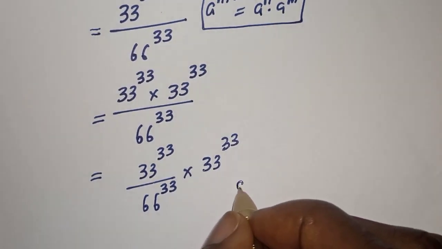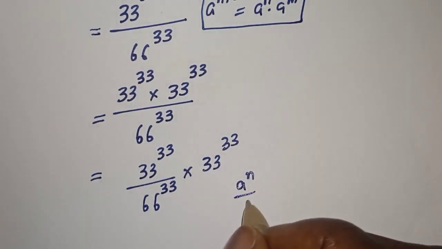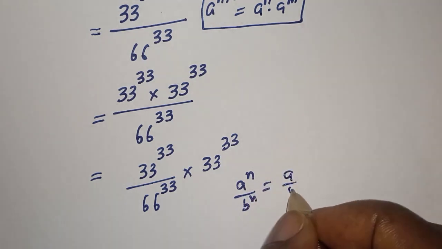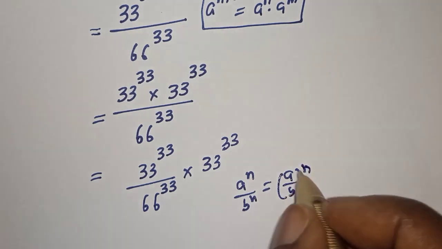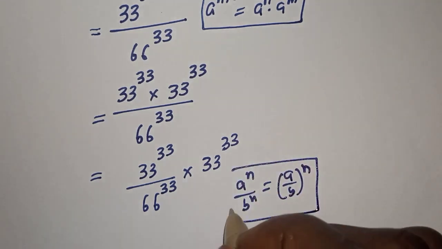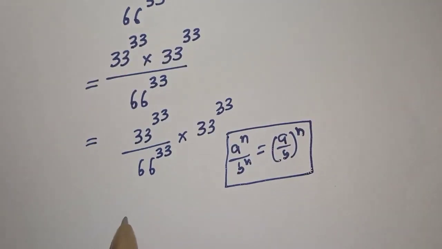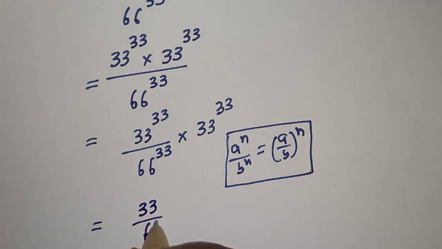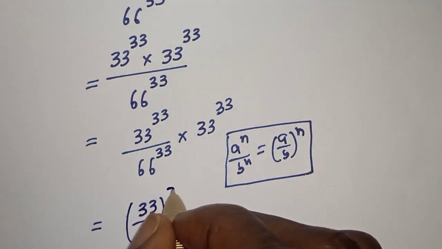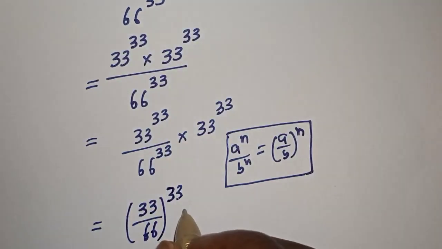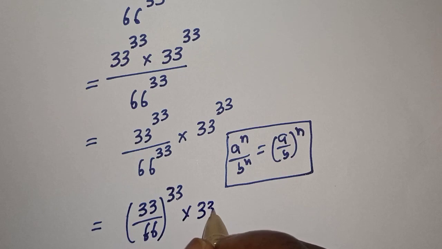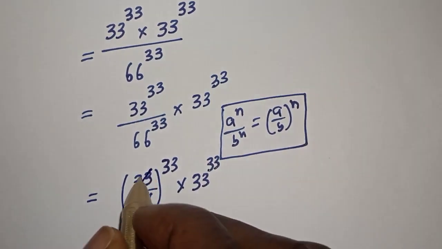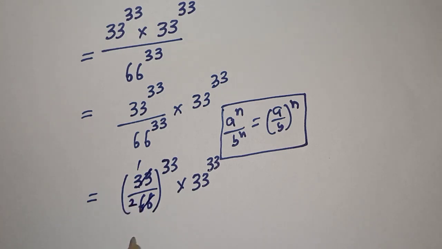If you have a raised to power n over b raised to power n, this is equal to a over b to the power of n. So it is equal to 33 over 66 raised to power 33, because of the same power, multiplied by 33 raised to power 33. 33 here is 1, 33 here is 2.